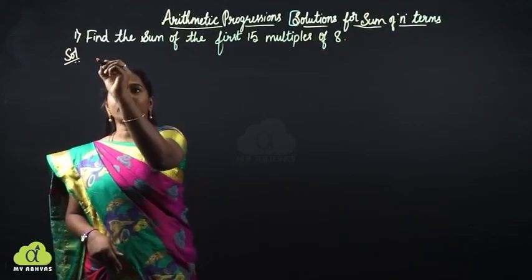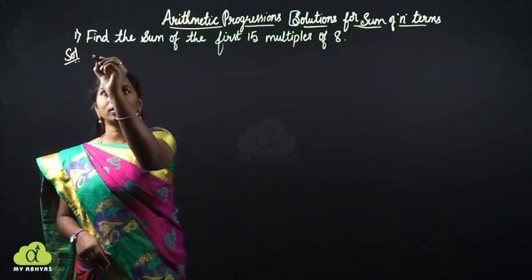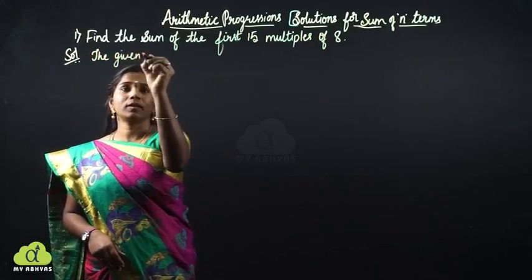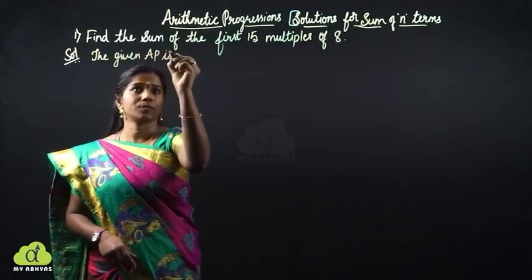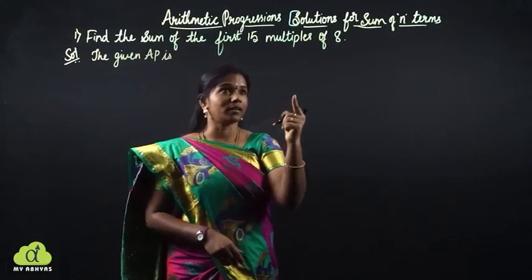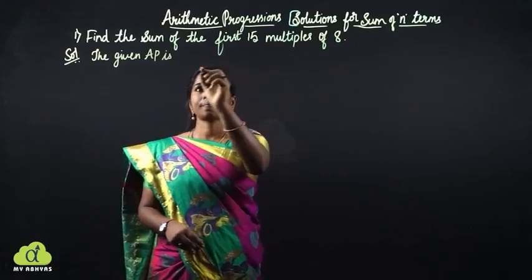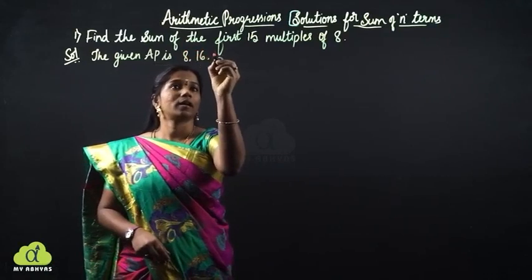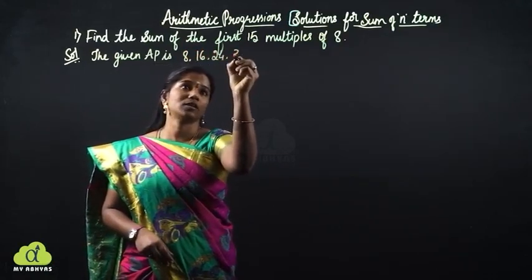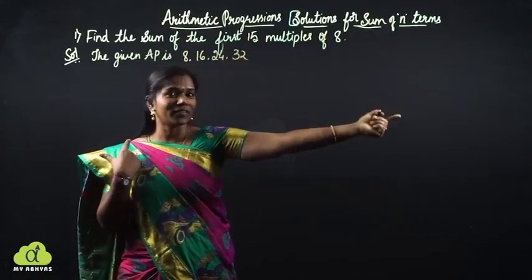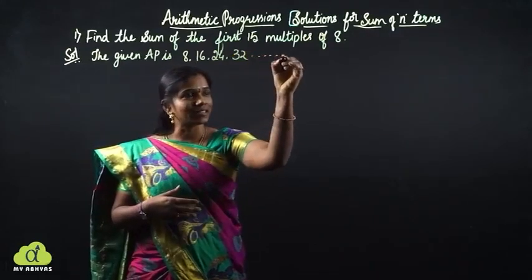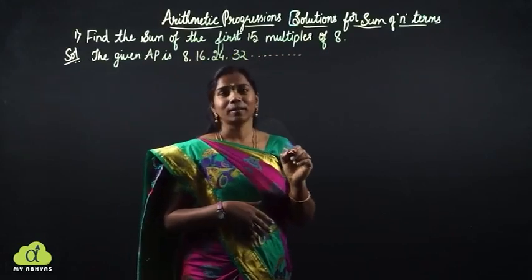Solution. The given AP is, so what is that? We have to start the multiples of 8. Here it is 8 ones are 8, 8 twos are 16, 8 threes are 24, 8 fours are 32. Shall we write all the 15? Not necessary, right? So just put dash, dash, dash. Fine.